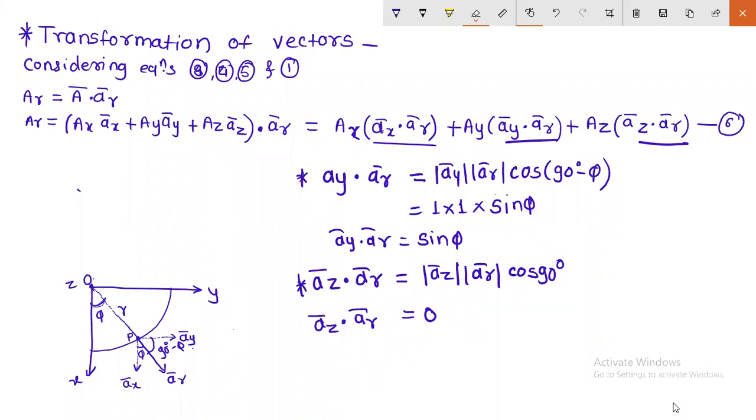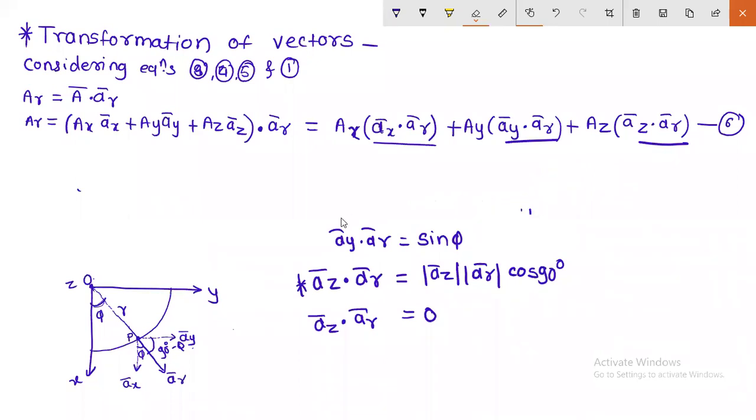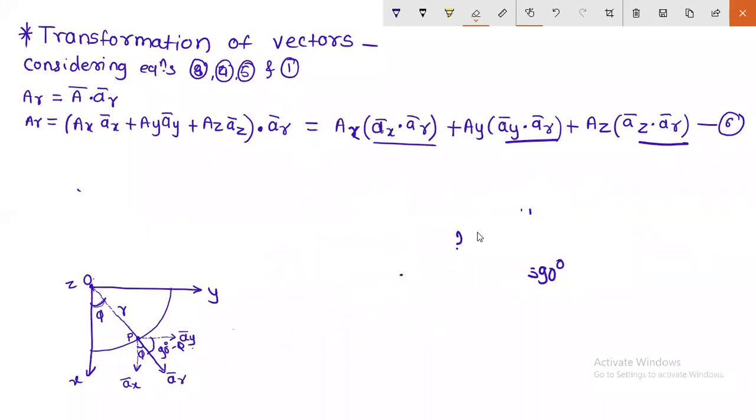Note it. Can I erase? Yes. So here, now we can write this equation.